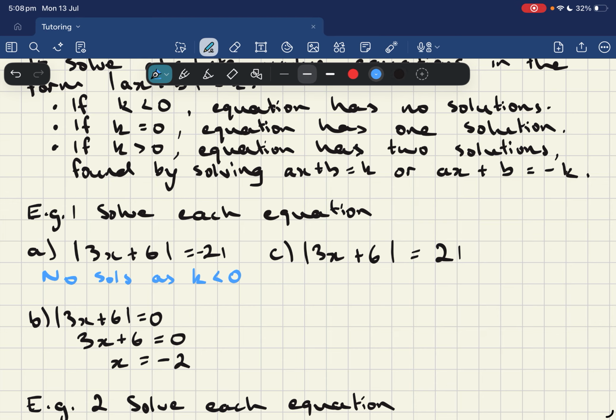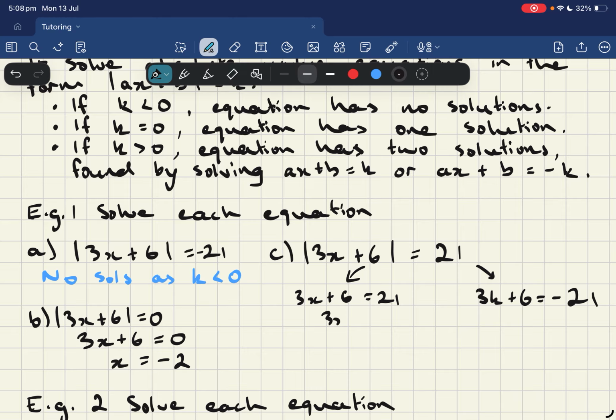Now for the next one over here, we can look at the two solutions that we get. Now to do this, we're going to set up two mini equations. We're going to take the positive case, 3x plus 6 equals positive 21, or 3x plus 6 equals negative 21. So we are going to just solve these systematically and get a solution.